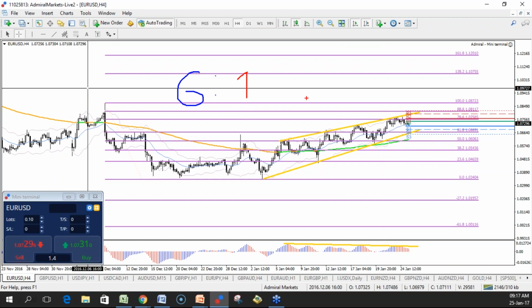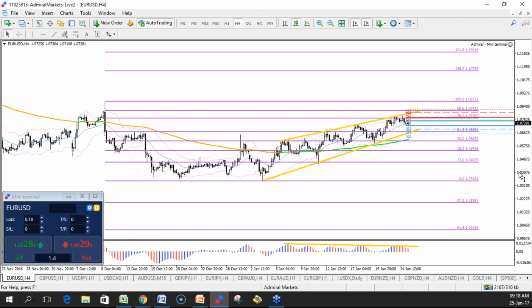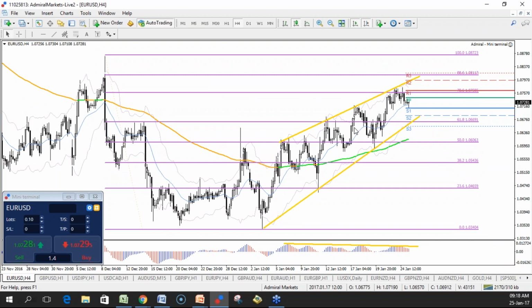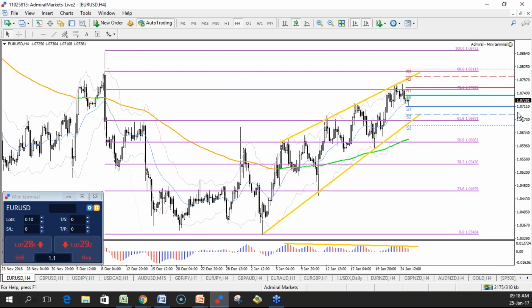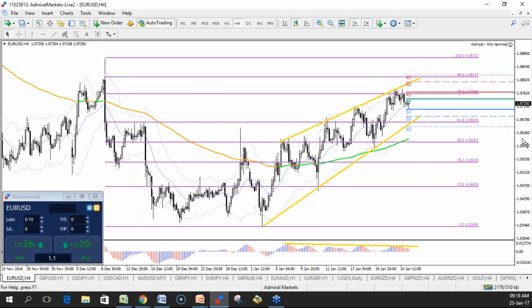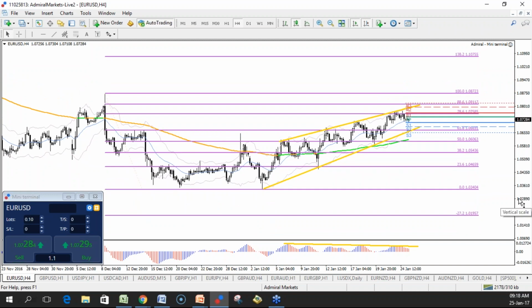So you can easily see that if that trade works out in 20% of the cases, 1 out of 5, we are a winner in the long term. All right. So will this work out 20% of the time? I think so. I think there's definitely a chance that 1 out of 5 will work. I think a bit more probably, but I'll leave that up to you. I don't think it's that relevant to discuss an exact percentage, but I think it has value there at the 78.6 fib.